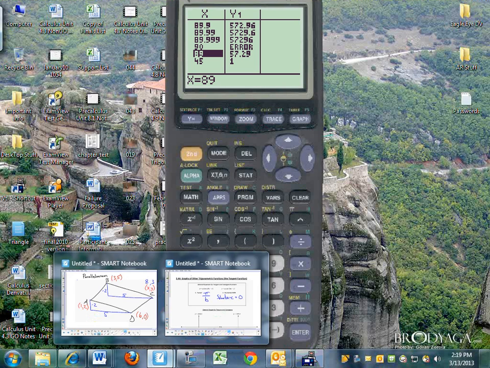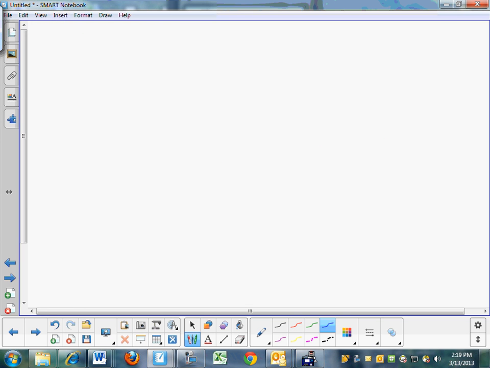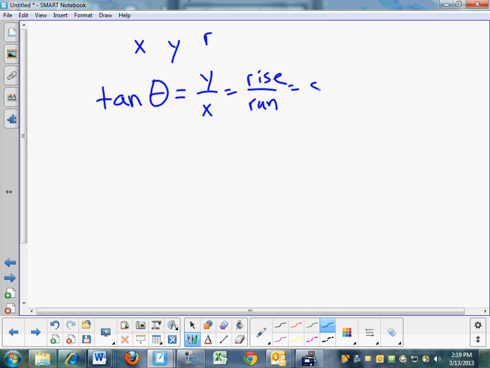Let me teach you why we're generating that. If you remember, in terms of x, y, and r, tangent of theta is equal to, does anybody remember? Y over x, very good. And y over x is simply rise over run, which is slope.